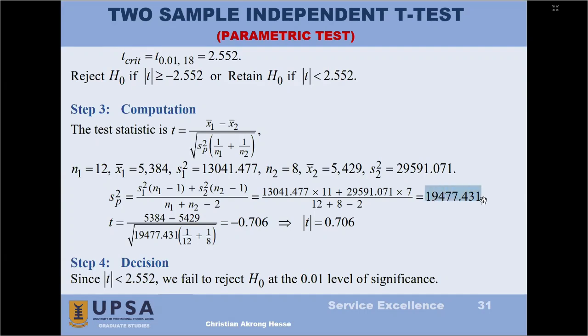Yes, sir. Great. So we compute X bar, the mean for the teachers minus the mean of the nurses, divided by the square root of the pooled variance into bracket 1 over the sample size of the teachers plus 1 over the sample size of the nurses.